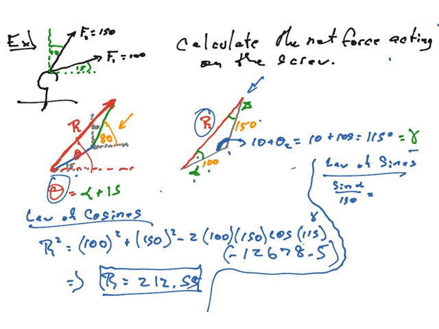Well, I just calculated a side length r, and I know r's angle, which is gamma, so I could use r. Oh, I'm sorry. Sine of gamma over r. So let's plug our numbers in. Sine of alpha equals sine of gamma, so sine of 115 over r, 212.55 times 150.